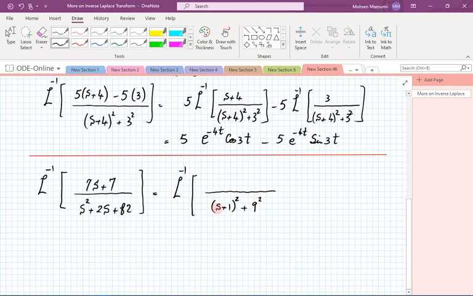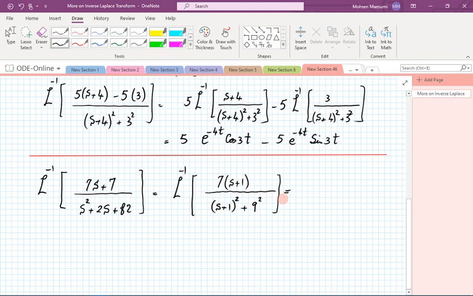For the numerator, I want to write it as a sum of multiples of this and that. It turns out this is a very simple problem: this is already a multiple of s plus 1, and there is nothing left for the other one. There is no remaining number here for us to worry about. So I'm already done. What is the final answer?